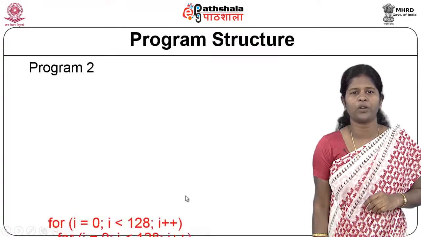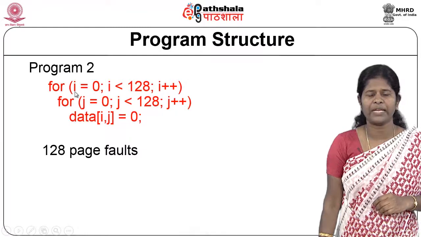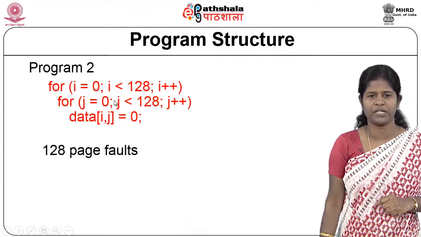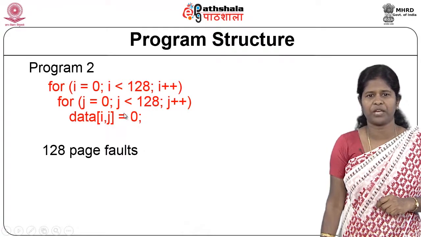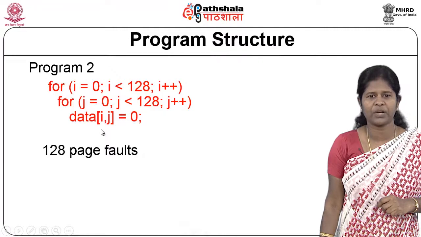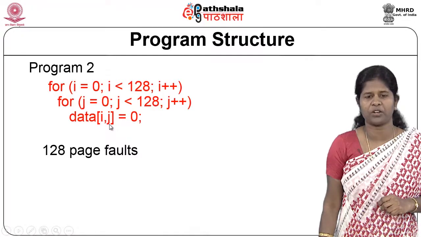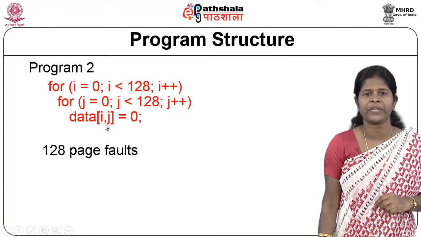But if the program is written in this manner, say you write i equal to 0 to 128 and j equal to 0 to j less than 128, data of i comma j equal to 0. The first element will be 0 comma 0. The second element will be 0 comma 1.